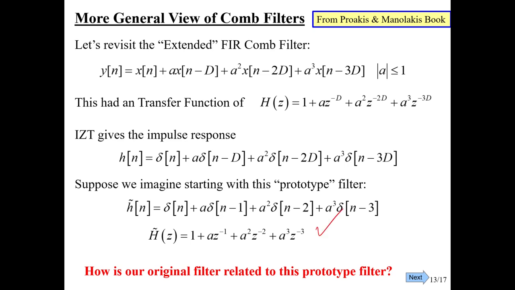I started with this 3-term simplistic FIR filter that links back to the extended FIR comb filter that we had. But in reality, I could start with anything here. How are these linked? Well, let's go back and remember our idea of expansion when we studied multi-rate. Remember, expansion was the preliminary step to increasing the sampling rate.